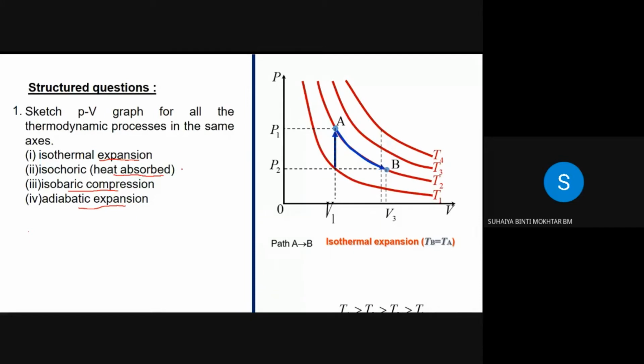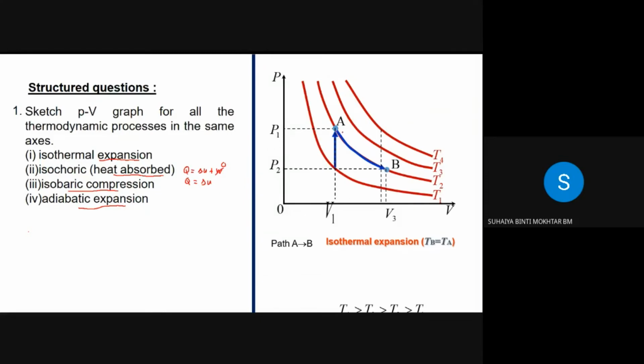Okay, from thermodynamic. First law thermodynamic, Q equals to delta U plus W, right? Work done isochoric, work done equals to 0. So Q kita equals to delta U. So how to determine delta U positif? Delta U mesti positif baru dapat heat kita absorb, right? So delta U positif, temperature mesti increase. Kita tengok point increase.